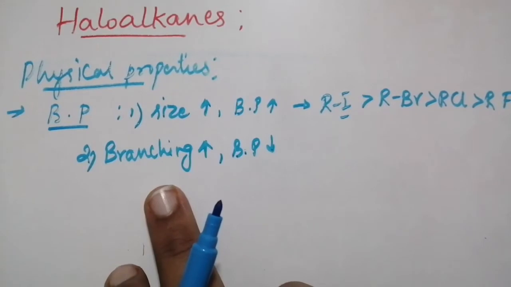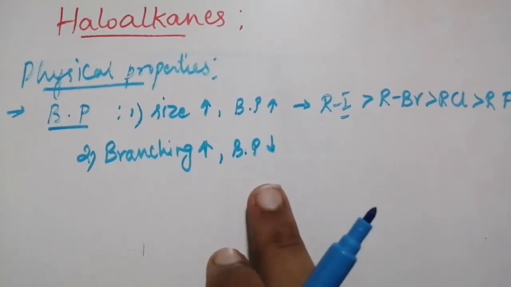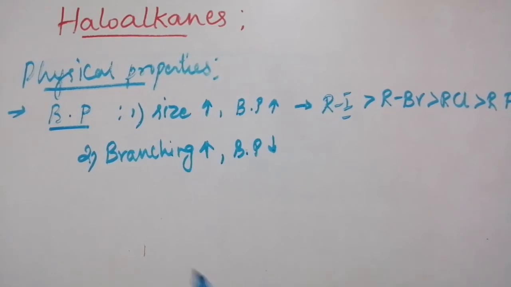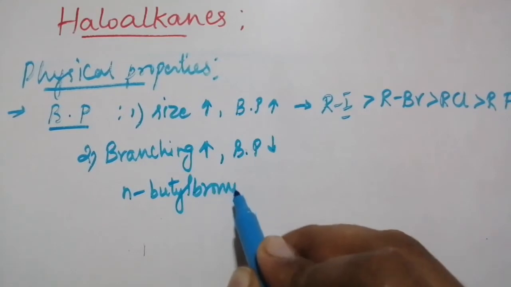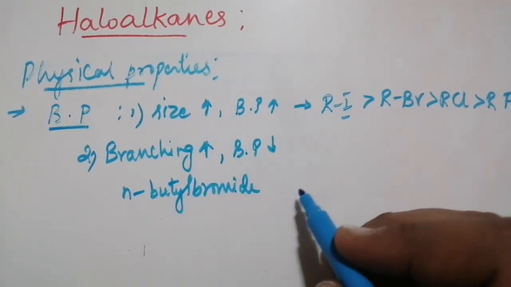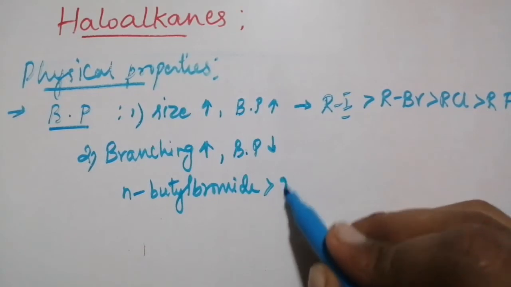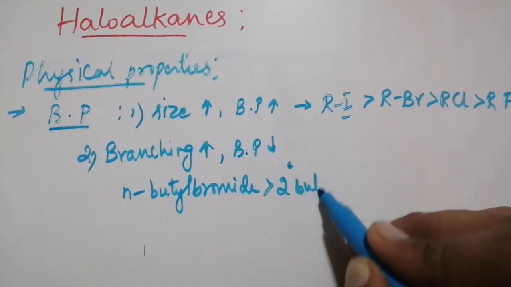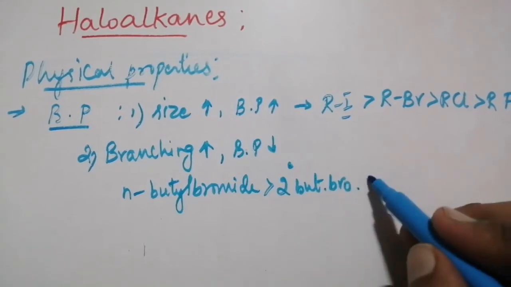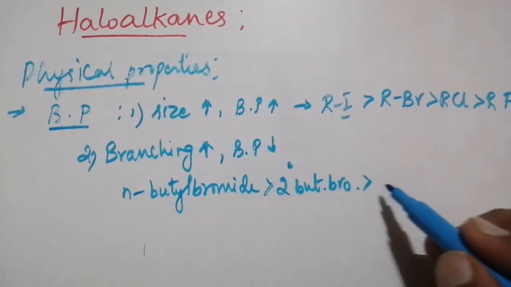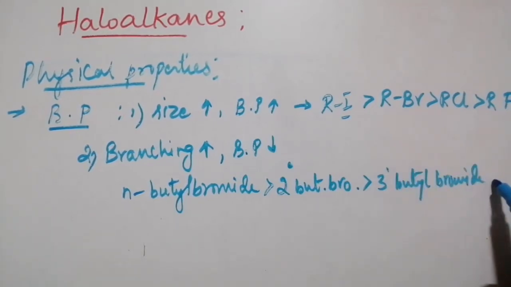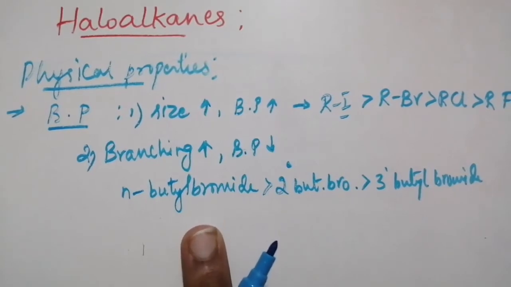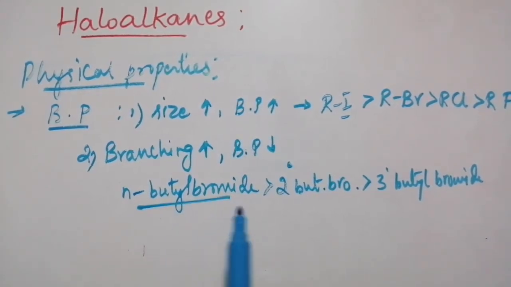For example, N-butyl bromide is greater than secondary butyl bromide, which is greater than tertiary butyl bromide. N-butyl bromide has less branching, so it has the higher boiling point.